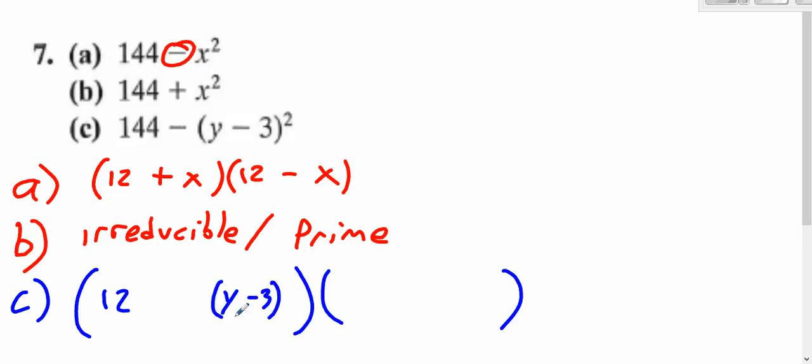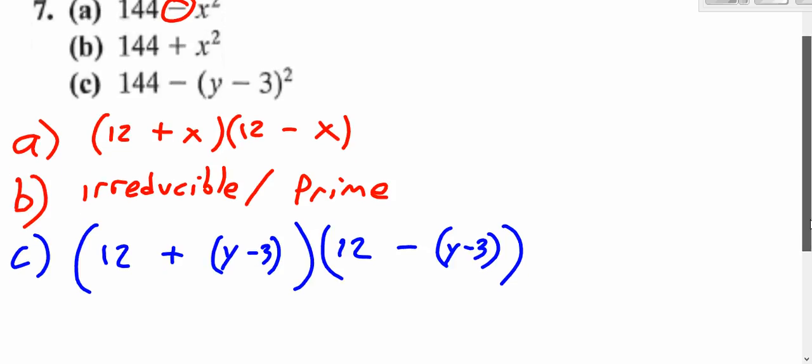So you're going to have parentheses in parentheses. And then since it was a difference of squares, you get one with a plus, one with a minus, one positive, one negative.